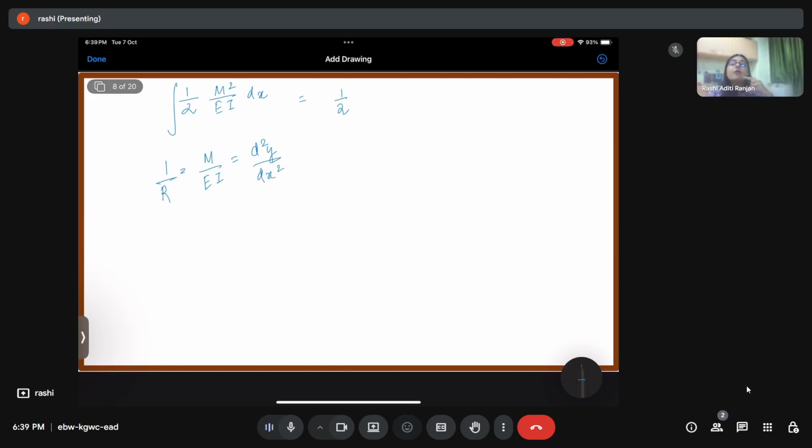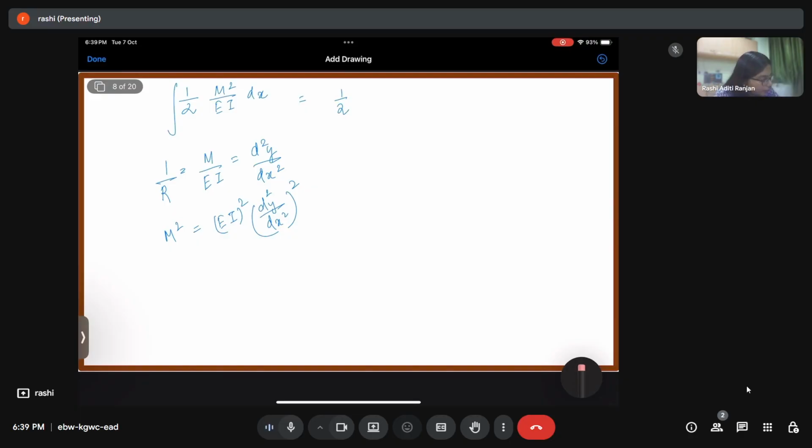So if we want to replace M square, we can write M square as EI square into d square y by dx square whole square. Now we can replace this in that equation.